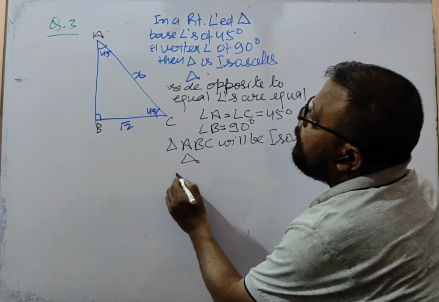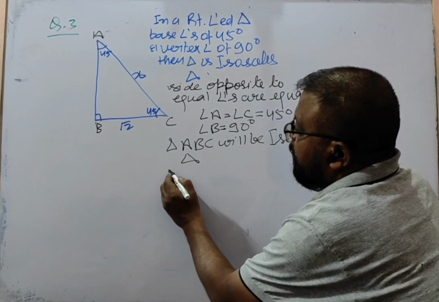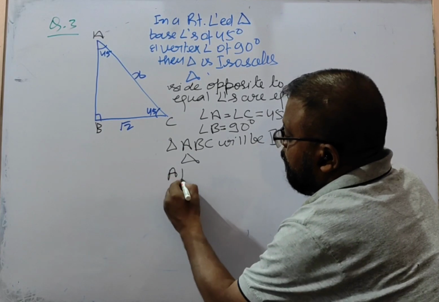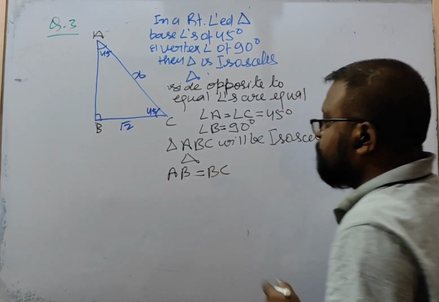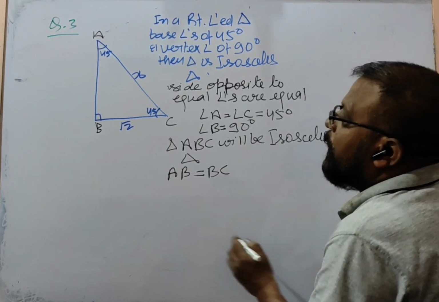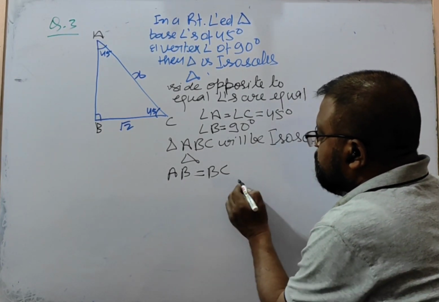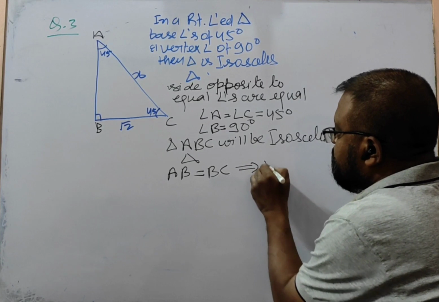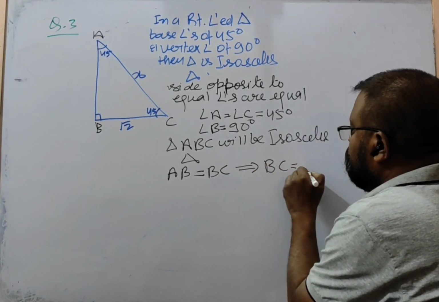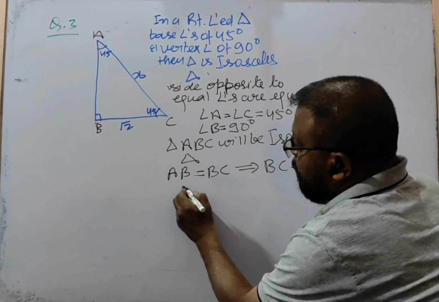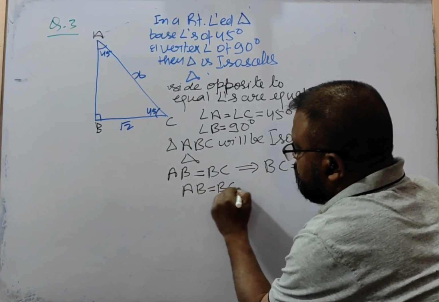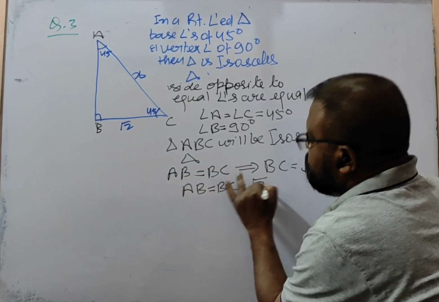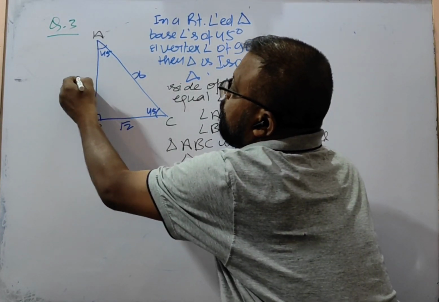And AB is equal to BC, right? And as given to us BC is equal to root 2, so AB is equal to BC is equal to root 2. So this will also be of root 2, right?